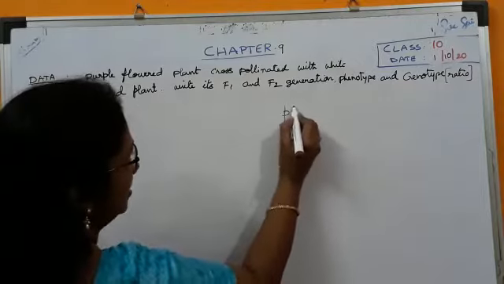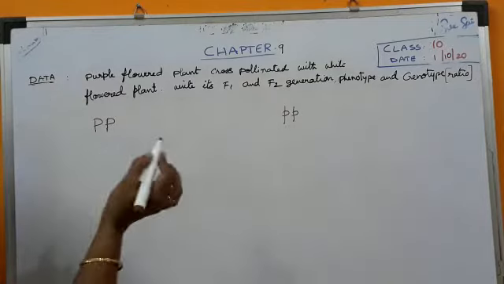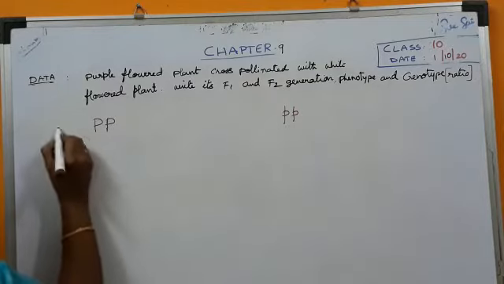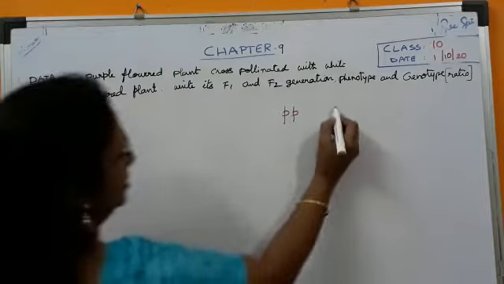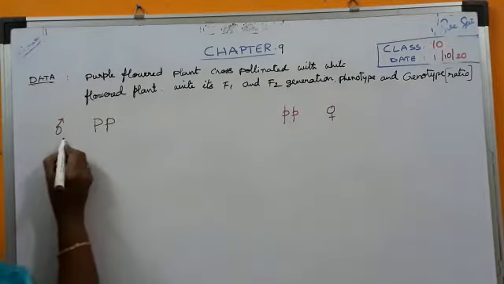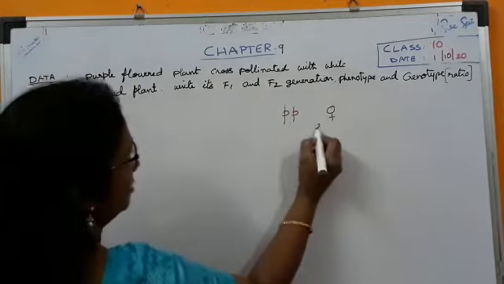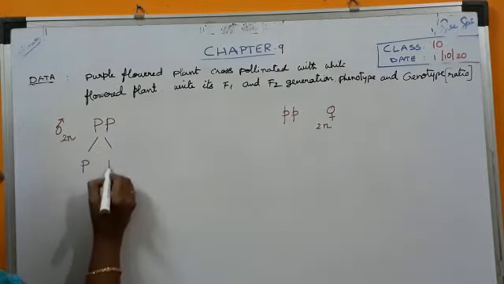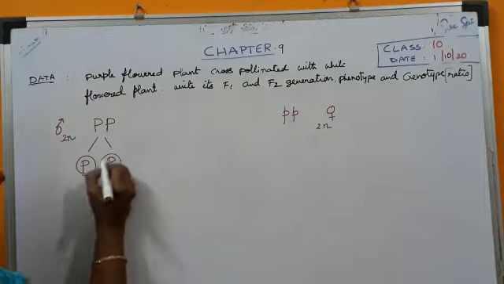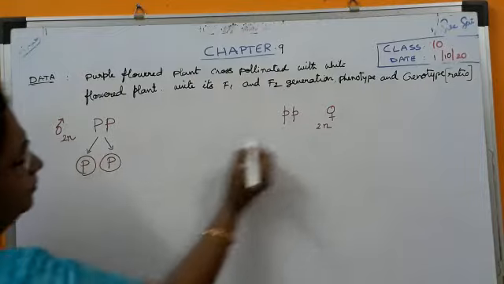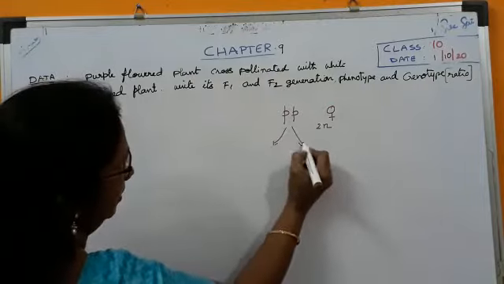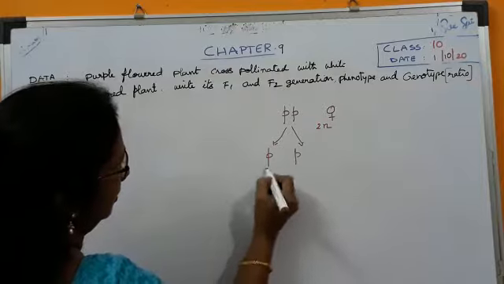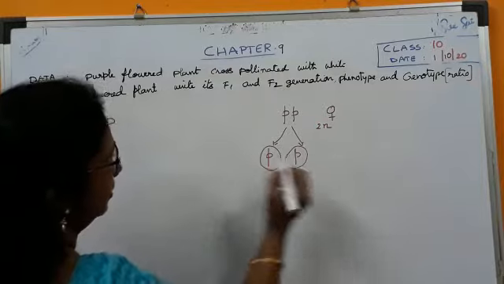For its contrasting trait, the letters are small p, small p. This is male and this is female, and both are 2n. Now, 2n will produce gametes. The gametes are capital P and small p. These are the gametes, n.